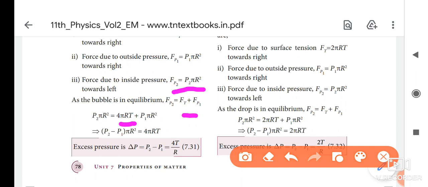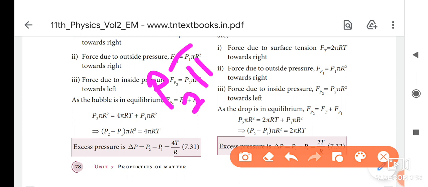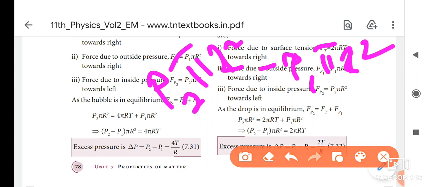The value for Fp1 is P1 pi r squared. Now I take this P1 pi r squared to this side, so it changes into negative: P2 pi r squared minus P1 pi r squared.